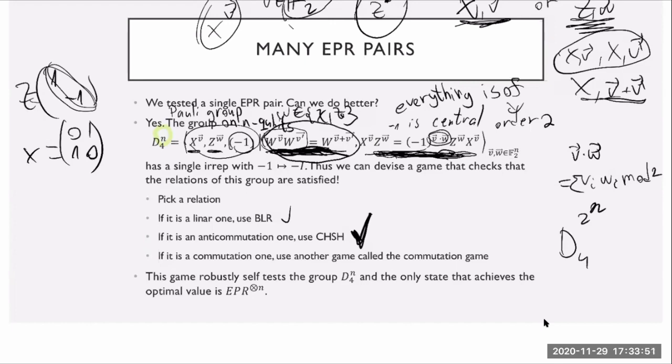And somehow by only checking now much fewer, like Dorit asked about checking very few, just a few relations out of this group. The point is you now check exponentially fewer, like you reduce by a logarithm the amount of relations that you actually check, and you still get the same result.